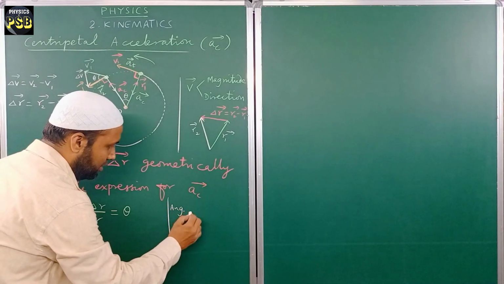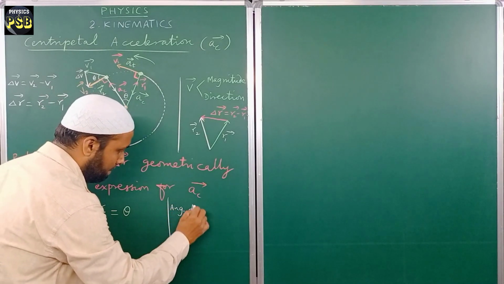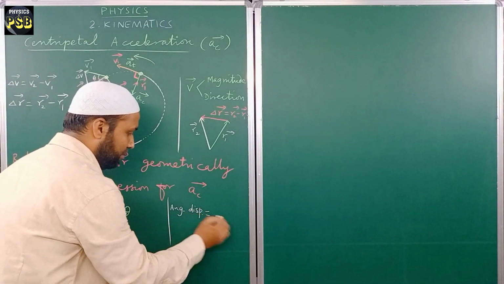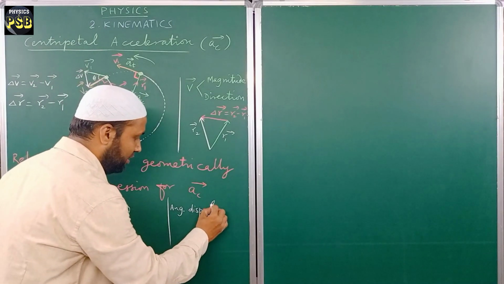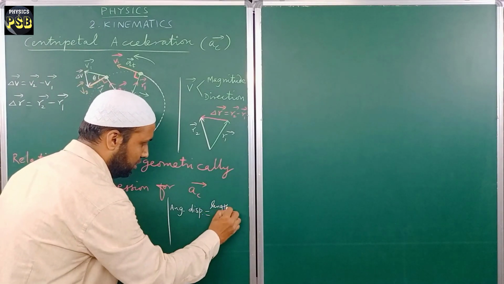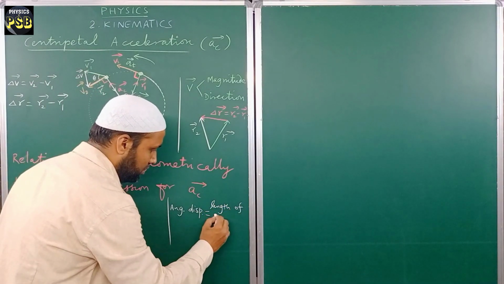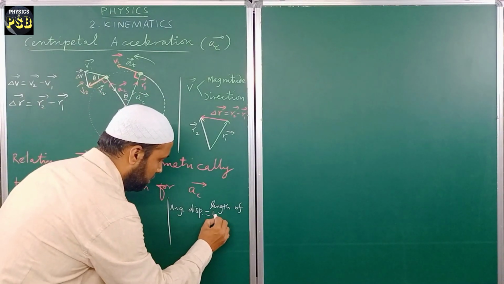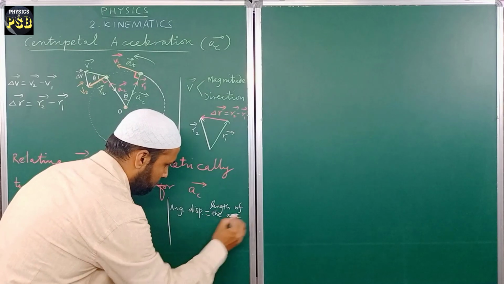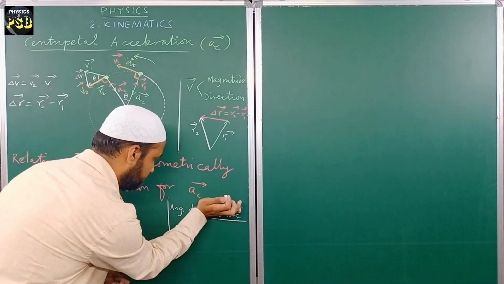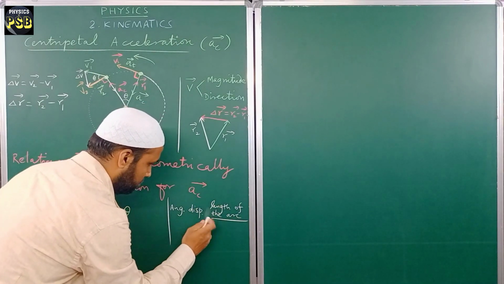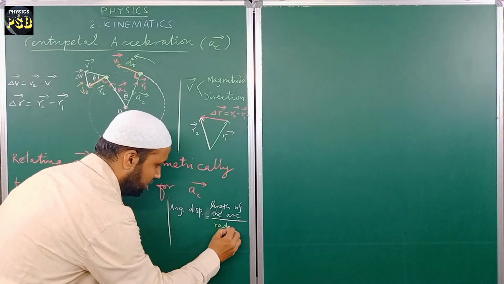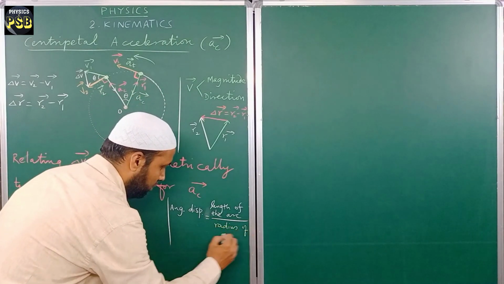Angular displacement is nothing but the length of the arc divided by the radius of the arc.